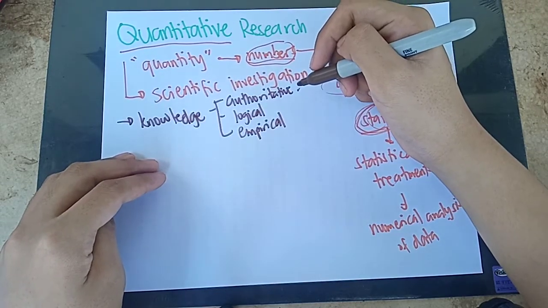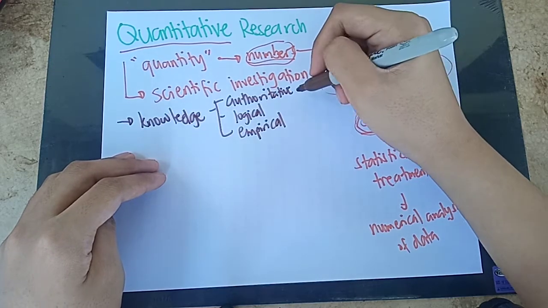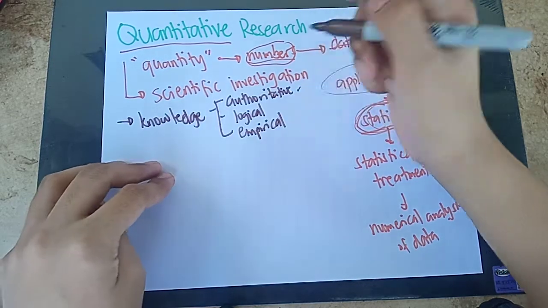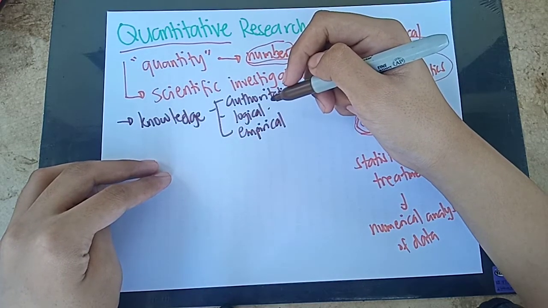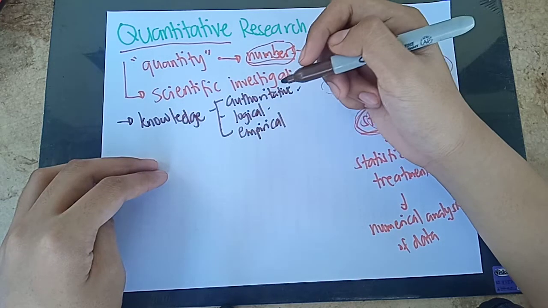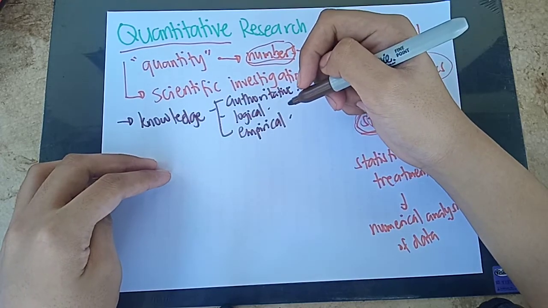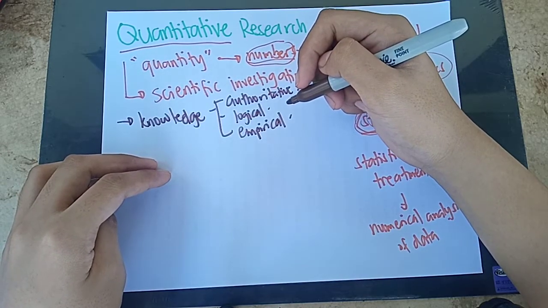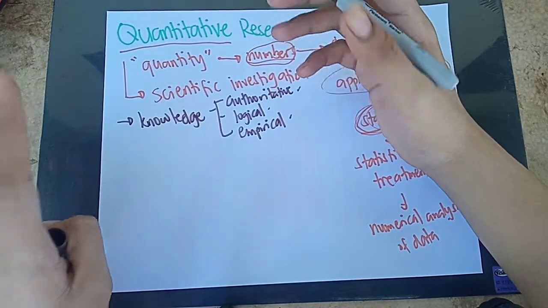Authoritative knowledge are those that present professional information, coming from the professionals. While logical knowledge are those derived from the process of reasoning. So, we derive conclusions through the use of reasoning. While empirical knowledge are those accompanied by means of observation and experimentation of different phenomena.